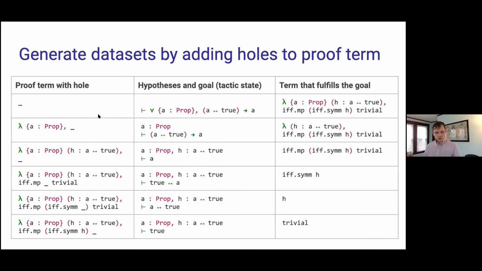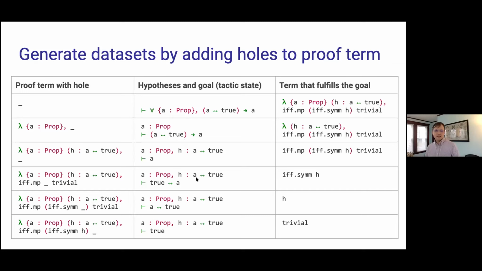And as I also showed, when you take a subterm of that term proof and mask it out by putting an underscore in Lean, then at least in many cases, Lean is going to tell you the goal and the local context needed to finish that proof.